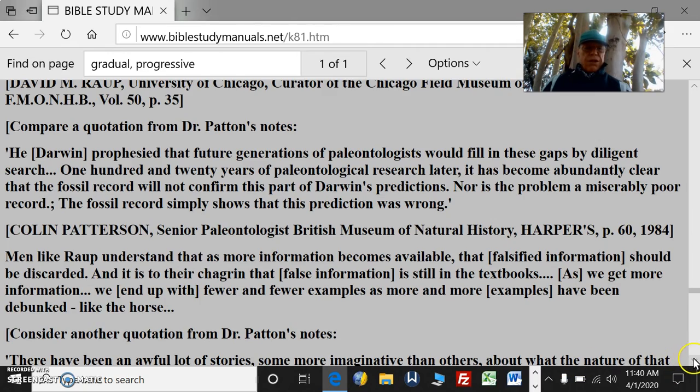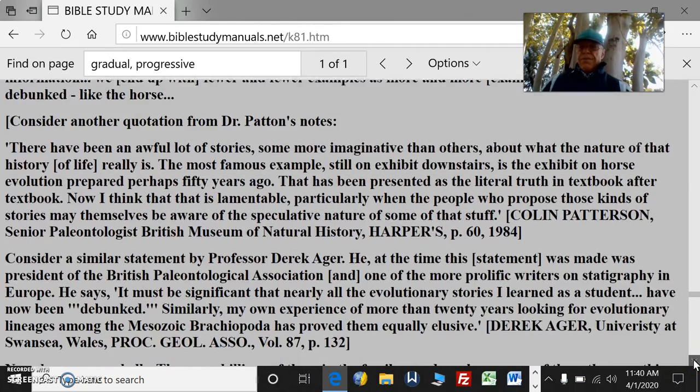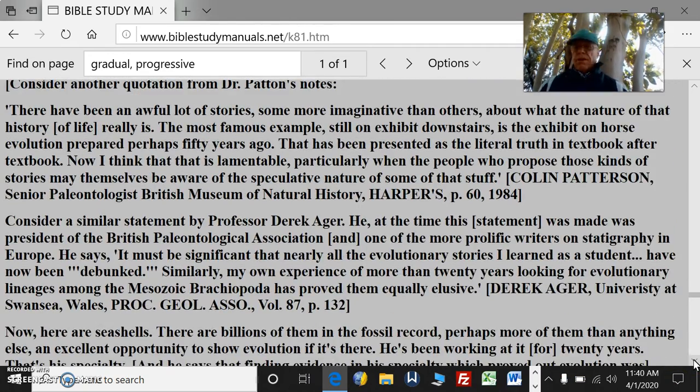Consider another quotation from Dr. Patton's notes. There have been an awful lot of stories, some more imaginative than others, about what the nature of that history of life really is. The more famous example, still on exhibit downstairs in the museum in Chicago, is the exhibit on horse evolution prepared perhaps 50 years ago.